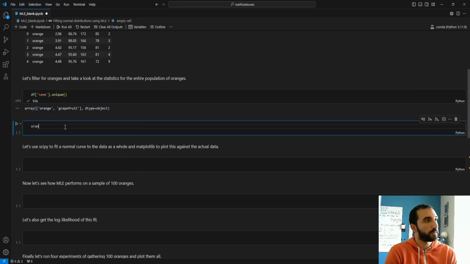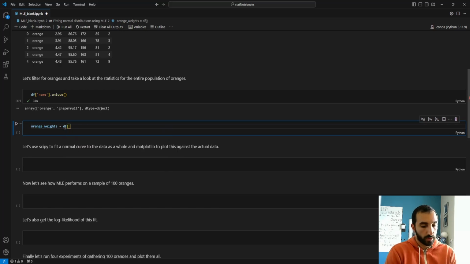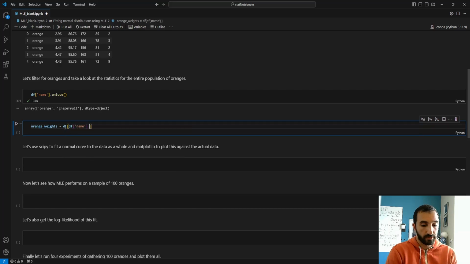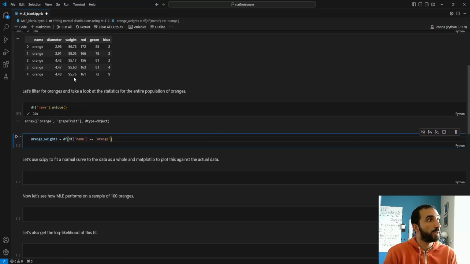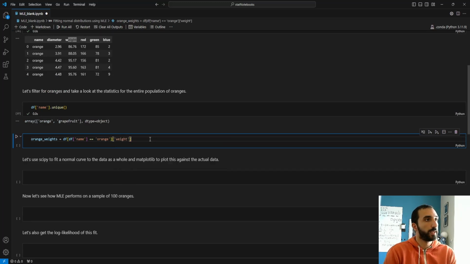One way to do that is to filter. So, and we'll do 2 at once here. So I want my data frame, and you can just put in the condition you want in here. I want where the name column is equal to orange. And then I want just the weight column here, so I can just specify just the weight column.